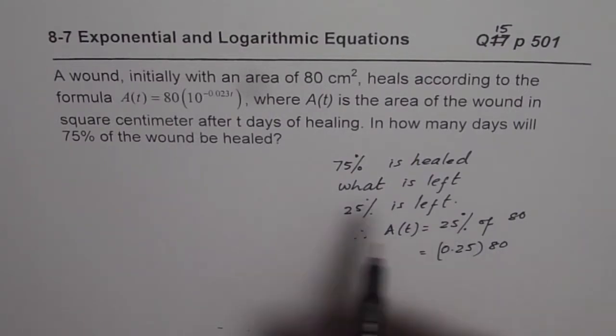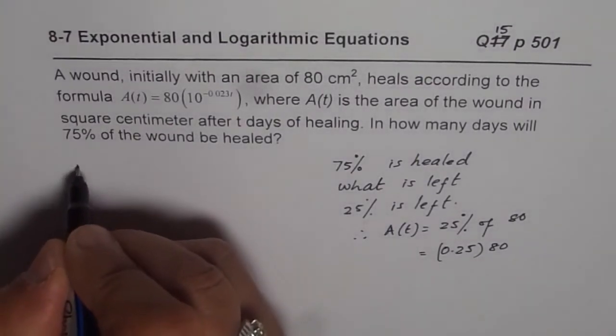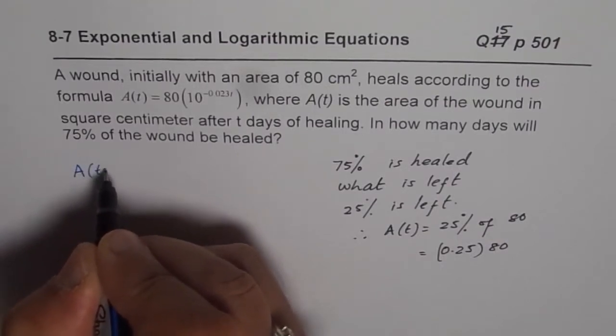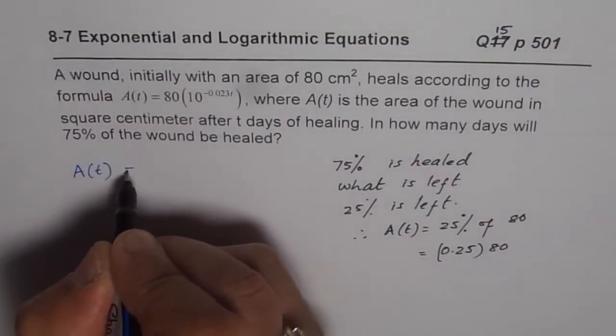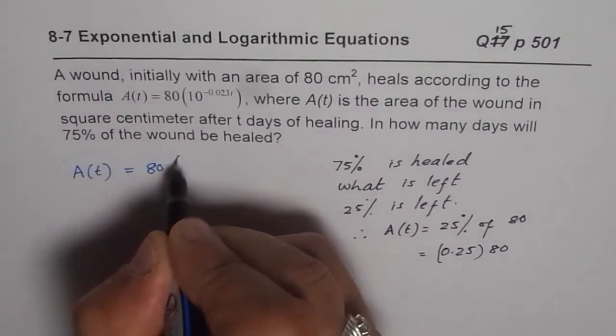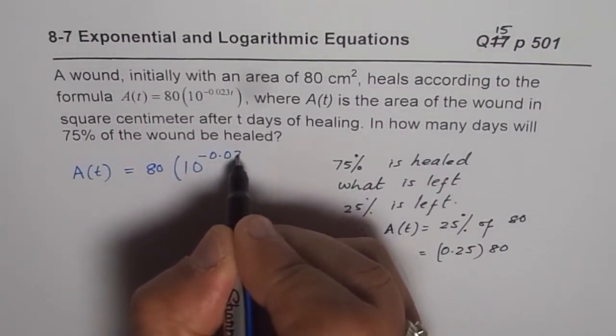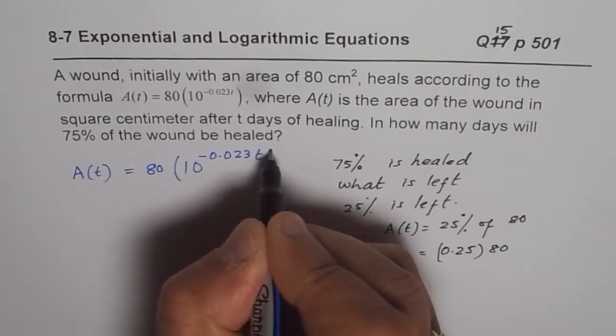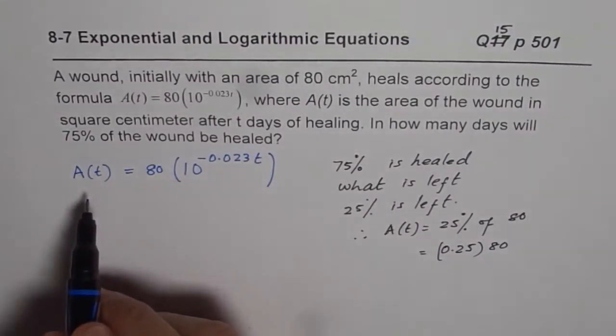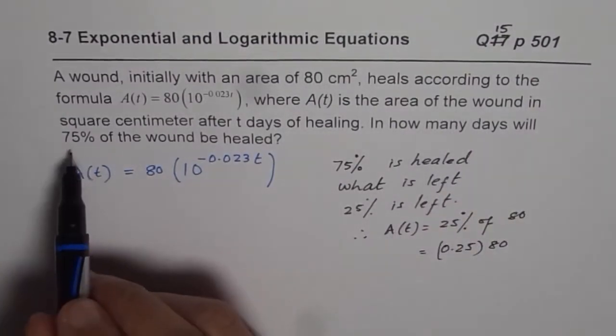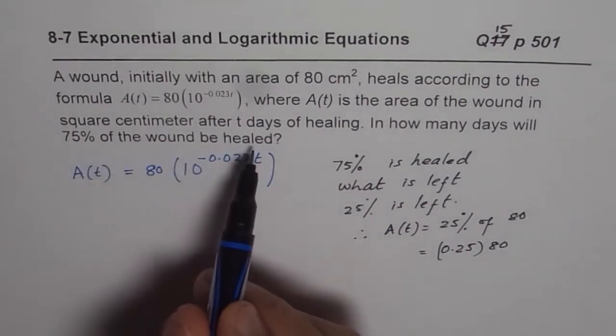Now let's begin with the formula itself. The formula is the amount of wound left equals 80 times 10 to the power of minus 0.023t. We need to find how many days until 75% of the wound will be healed.